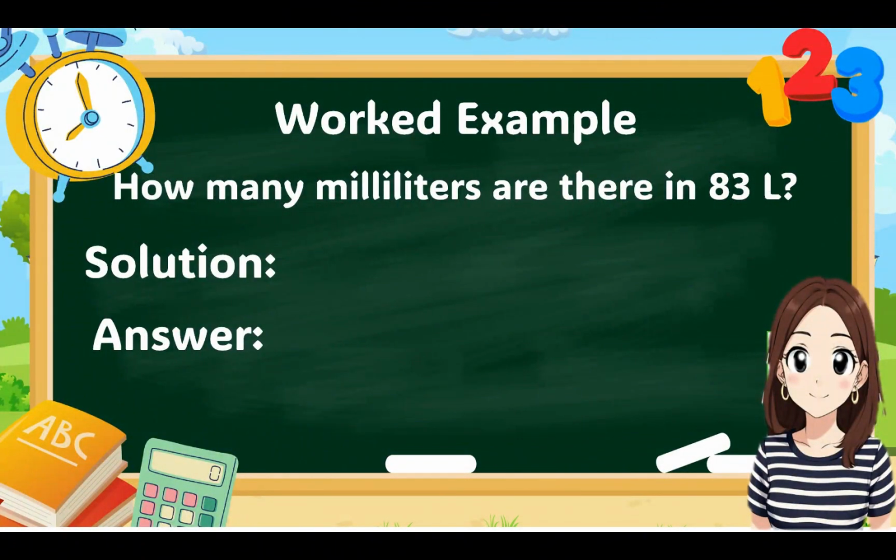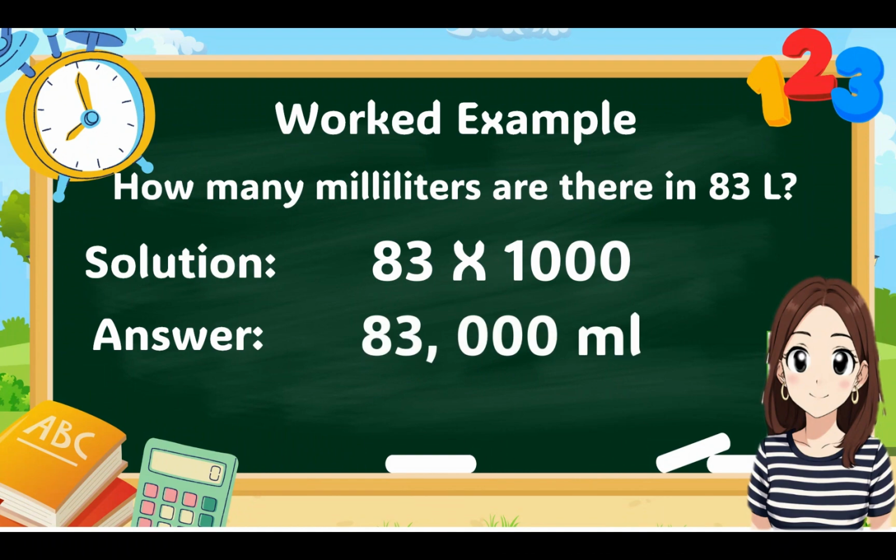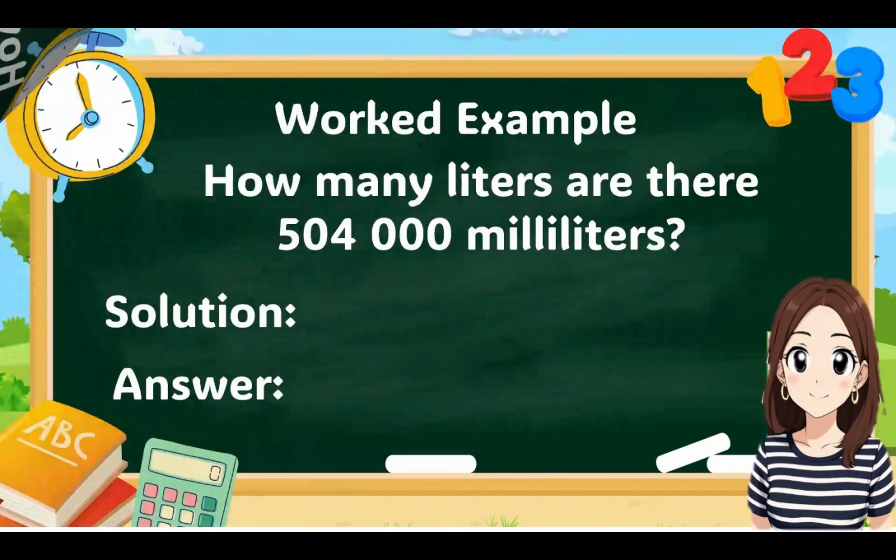Now for our worked example, how many milliliters are there in 83 liters? So that is converting liter to milliliters. And that means larger units to smaller units, meaning we have to multiply it by 1,000. So we have 83 times 1,000 equals 83,000 milliliters.